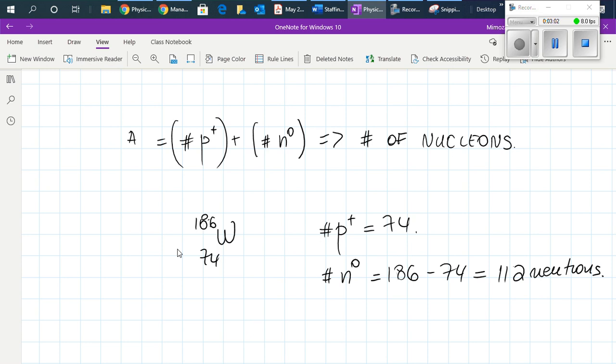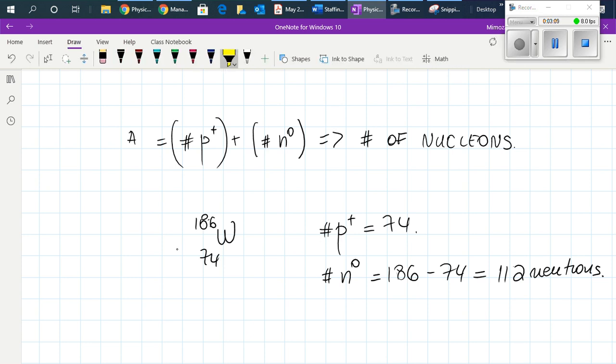But as the total number of nucleons, we have 186.